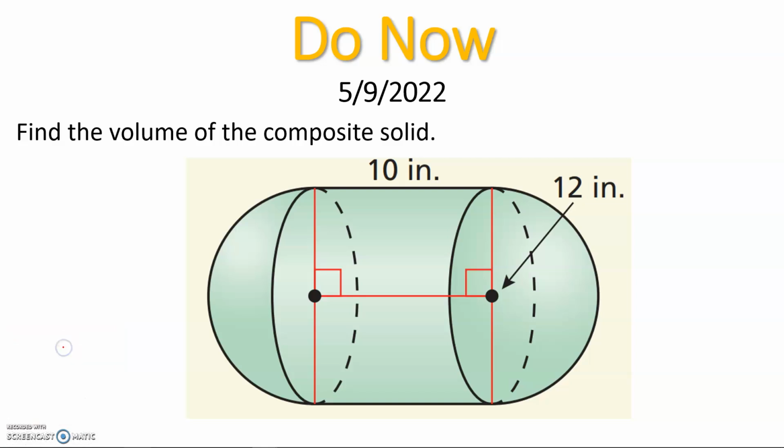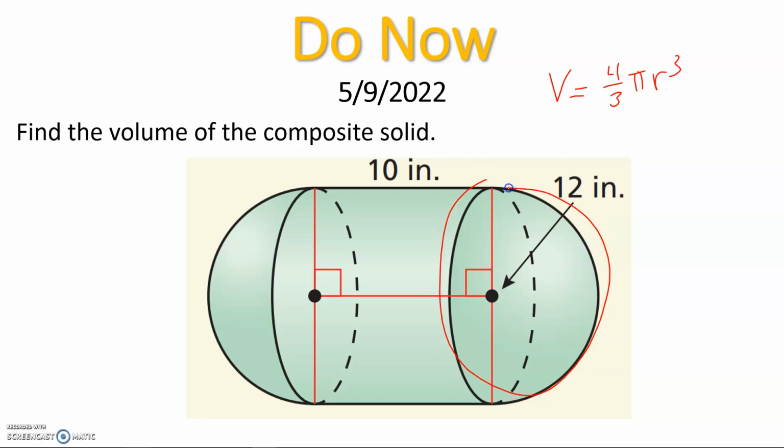So what I'm hoping you noticed is that what you have here is a full sphere cut into two pieces. So we have two halves of a sphere, and we know that the volume of a sphere is equal to 4/3 pi r cubed.